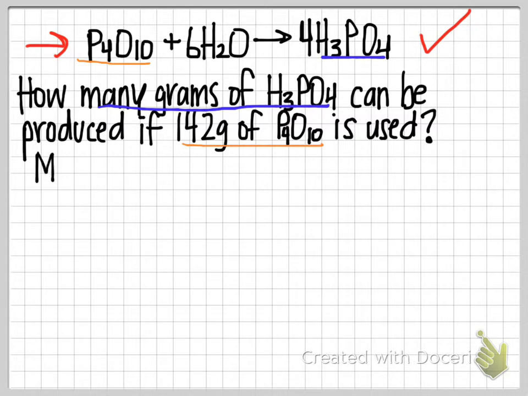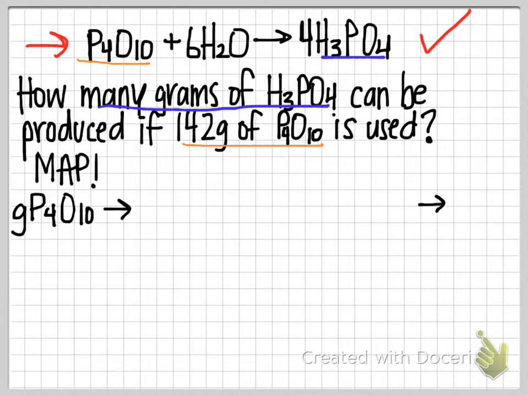So we are going to make a map. First thing is, it gives you 142 grams of P4O10. We're going to change it into something else, and in the very end, we want grams of H3PO4.